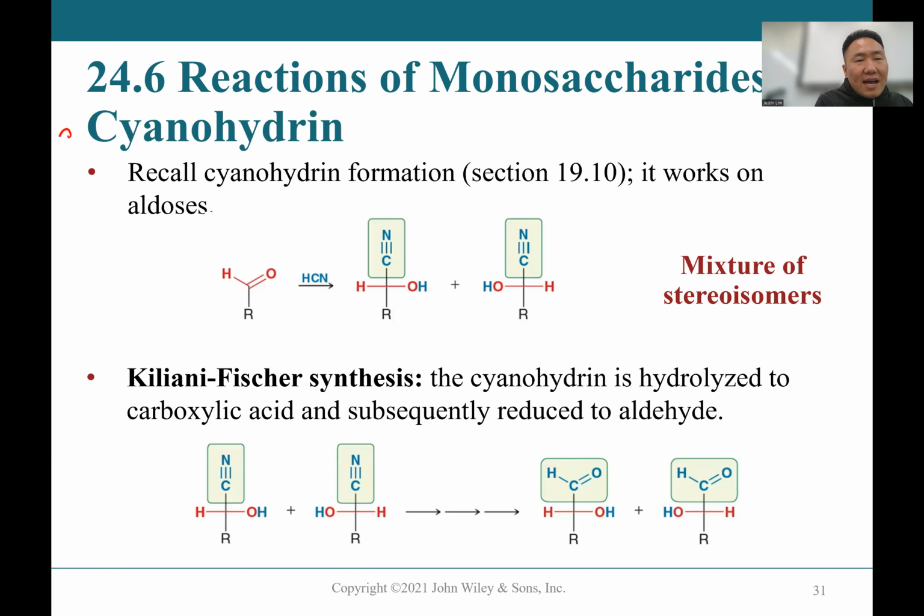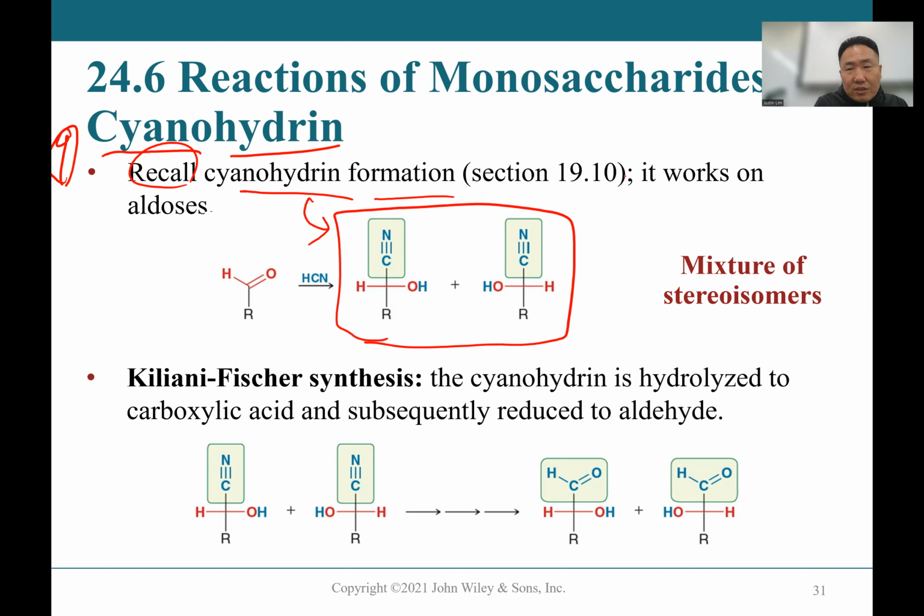Reaction number 9. Let's make a cyanohydrin. So recall cyanohydrin formation. Cyanohydrin formation works on aldehydes. For example, this one looks like an aldehyde, right? When you add hydrogen cyanide, you can get the cyanohydrin product.